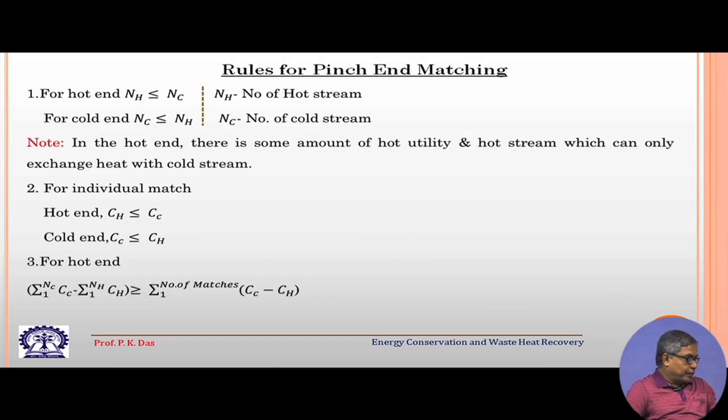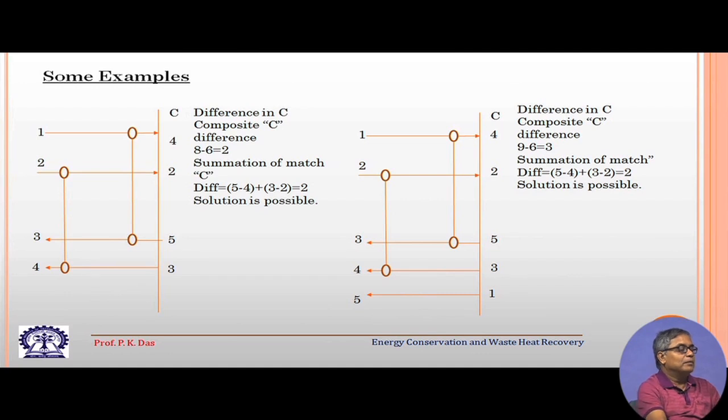With this I can take some example. Let us say these two are two streams, and these are two different streams. So, 4 streams are there. So, first thing is the difference in composite C. See, these 1, 2, 3, 4 are the stream numbers, and here 4, 2, 5, 3 and so on are the heat capacity rates.